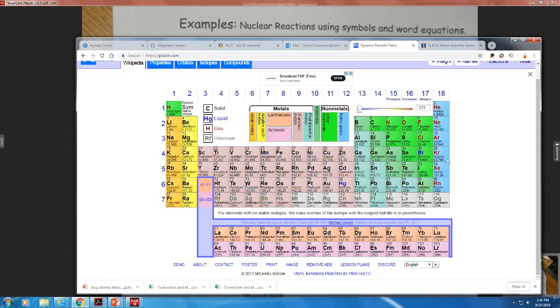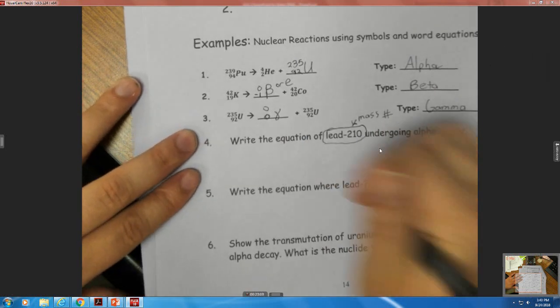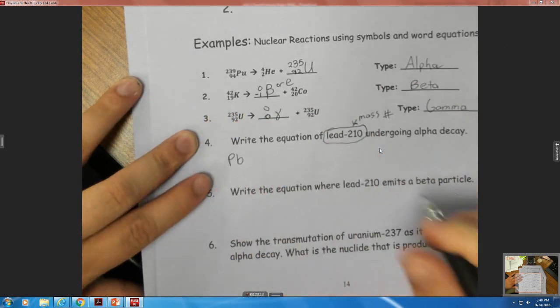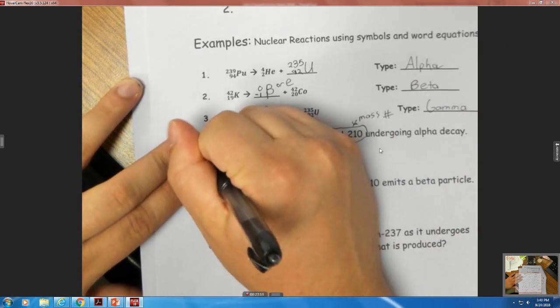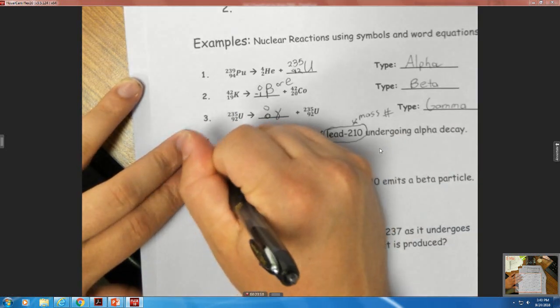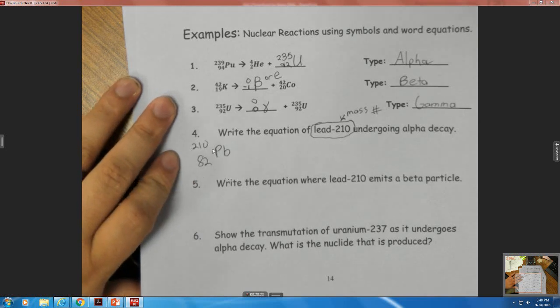So I can see the atomic number is going to be 82. So I've got lead 210. That's going to give me 210 on the top and 82 on the bottom. And that's what I'm starting with.